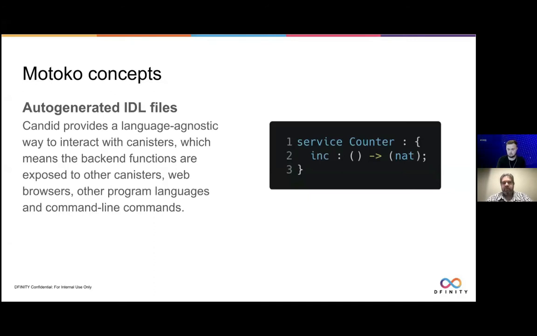You don't need to write these yourself. If you choose to use another language, let's say you want to build your backend in Rust, then you do need to create these Candid files yourself. And our documentation describes that very well, how you do that. But with Motoko, you get this out of the box. It generates it when you build your application. It will also build the Candid files for you.